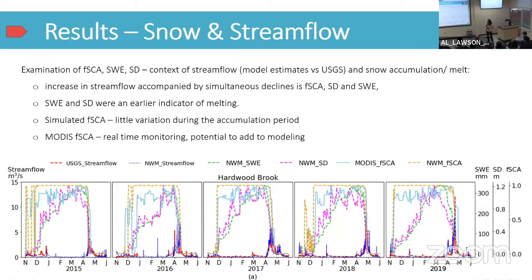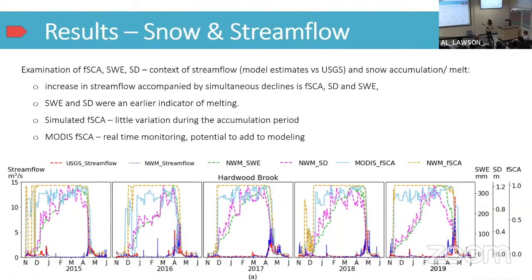I know it's a very busy graph, but the green and the magenta lines are the SWE and snow depth. And down there the blue and the red are the stream flow. So you can see there's a very good match between when the SWE and snow depth goes down, the stream flow starts to go up.